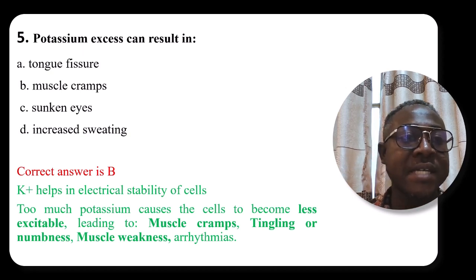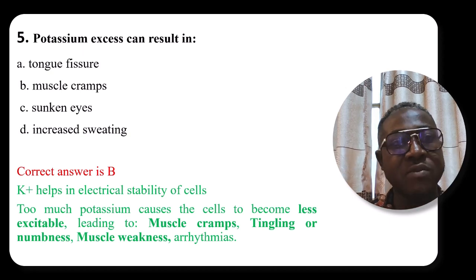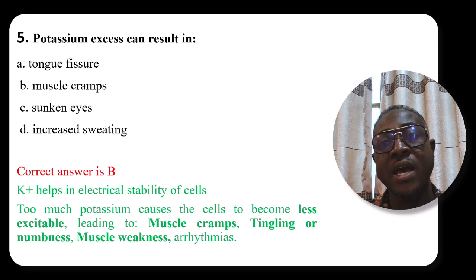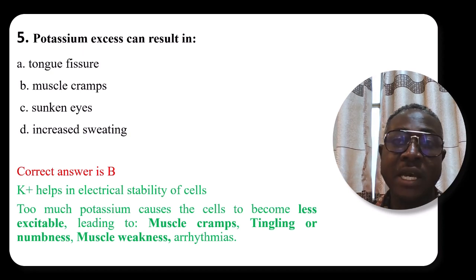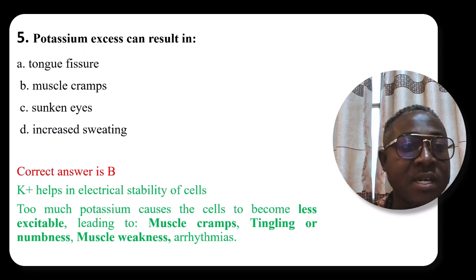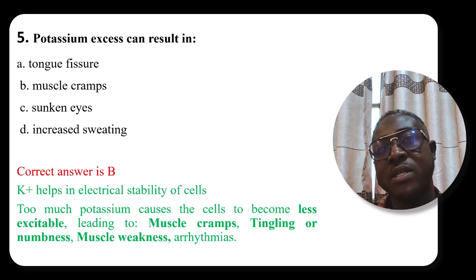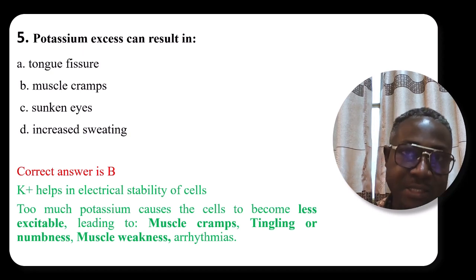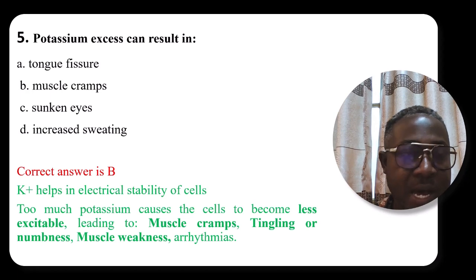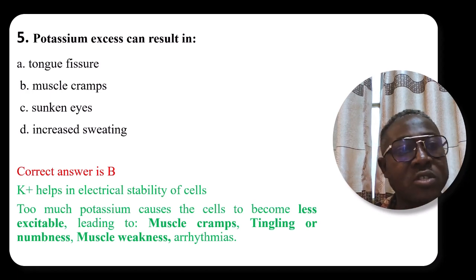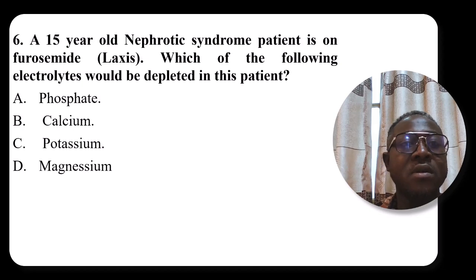And so that is why the answer is muscle cramps. As for tongue fissure, it has to do with a vitamin deficiency. Sunken eyes, as you know, is dehydration, and then increased sweating can be as a result of increased metabolism or excessive exercise. So the answer there is muscle cramps. Now let's look at the next question.